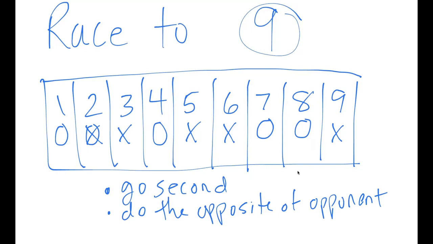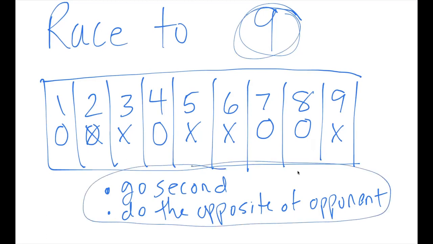Or another conjecture could be, what properties does 9 have for this exact same strategy, right? Or are there any other race to numbers that have this exact same strategy? And then all of those numbers, what do they have in common? That's the kind of conjecture we want to come up with. So let me go back to the handout now.